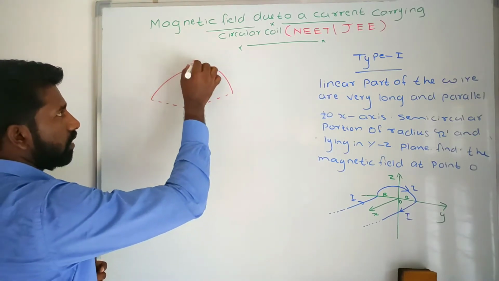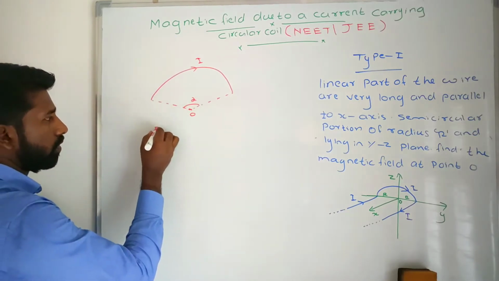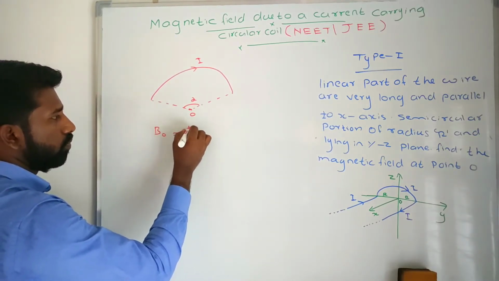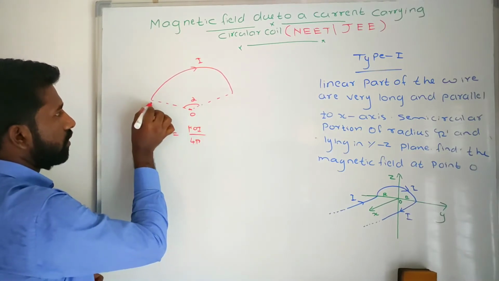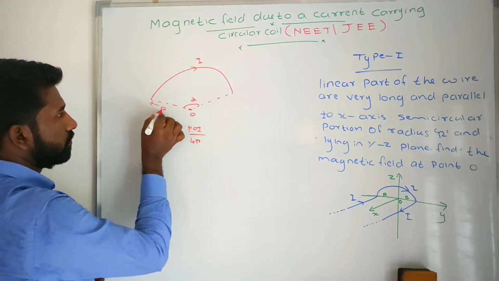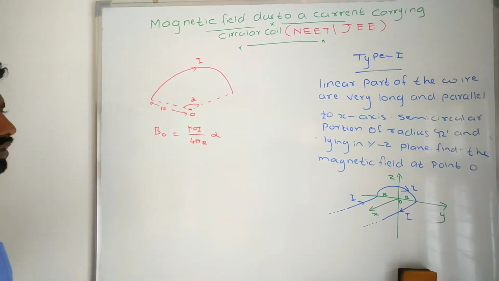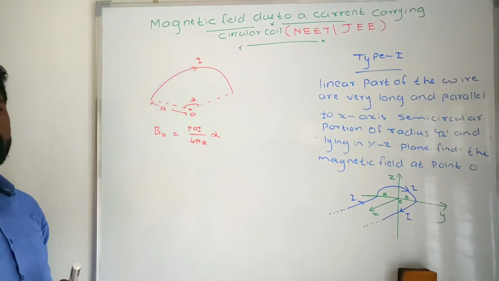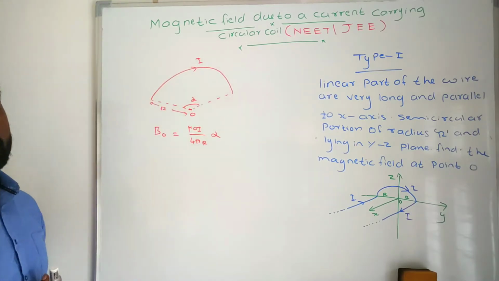The current is going in this direction. The magnetic field at the point O is mu 0 I by 4 pi r, where the radius is r, into alpha. The direction can be found out by the right hand rule. Curl your palm in the direction of current, then the thumb gives the direction.